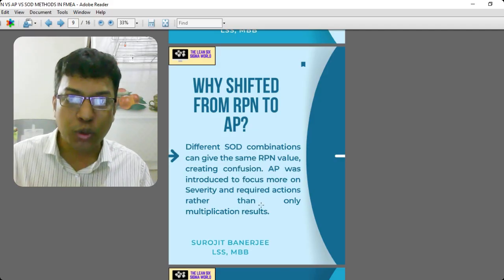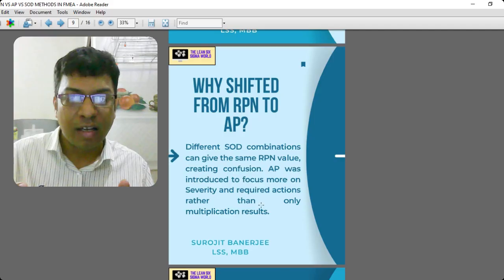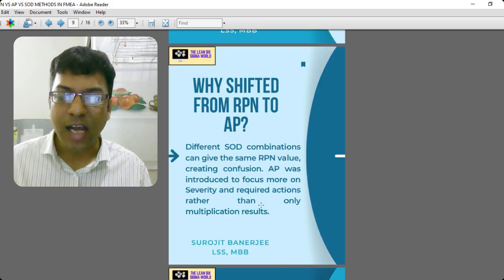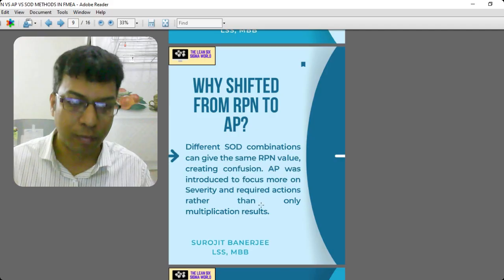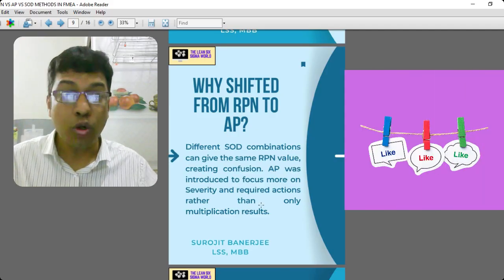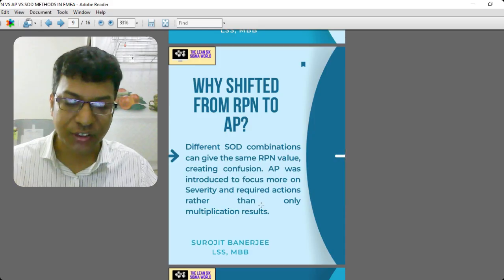But in action priority, the preference is given first to severity, then occurrence, and then detection. So here you can identify which problem is the most critical and serious, where I need to focus. That is the basic difference, and that's why we have shifted from RPN number to action priority as per the latest edition of AIAG and VDA guidelines.